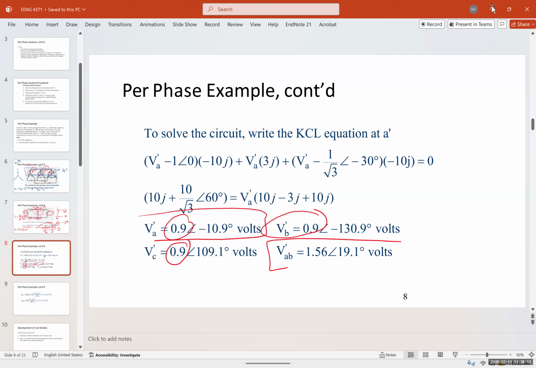And finally, the line to line voltage is going to be square root of 3 times the line to phase voltage plus 150 degrees, which gives us 1.56 with a degree of 19.1. Or this plus 30 degrees. If you add this plus 30 degrees or this one plus 150 degrees, it doesn't make any difference. So VAB is going to be square root of 3 VA prime with the angle alpha of that plus 30 degrees. If VA prime is equal to 0.9, VAB prime is going to be 1.56 with a degree of 19.1 degrees.